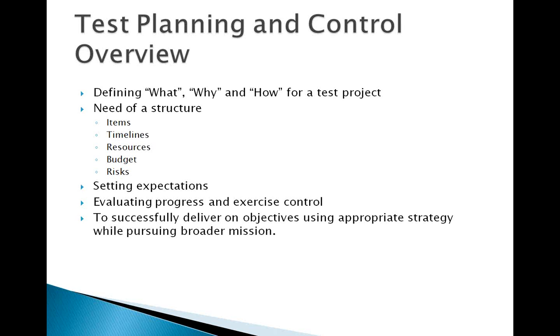And as we start the project, we need to evaluate the progress, and depending upon how our progress is coming along, we need to exercise control. So the overall idea is to successfully deliver on objectives using an appropriate strategy while pursuing a broader mission.